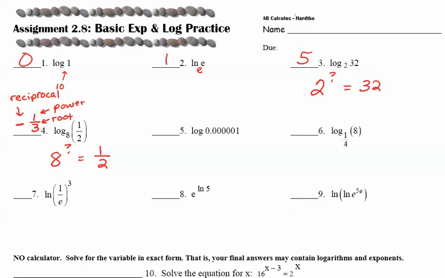In number 5, we're doing a common logarithm. So the base is 10. So how do we turn this into 1/1,000,000th? Remember, count your decimal places: tenths, hundredths, thousandths, 10,000ths, 100,000ths, millionths. So every decimal place. The question that many students will have is, should this be a -6 or a -5?